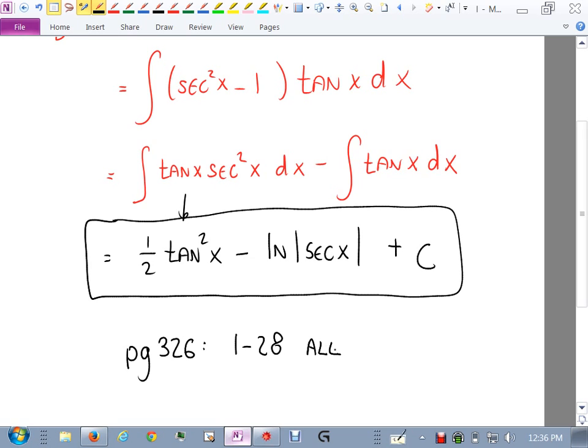But like I've said, always start with the odds. If you work at least the odds, you're at least getting that much, right? And then if you have time, do all the evens also. Remember, don't treat these as indefinite integrals, so if they have little numbers on them, you're going to have to just ignore it. See how it goes, all right?